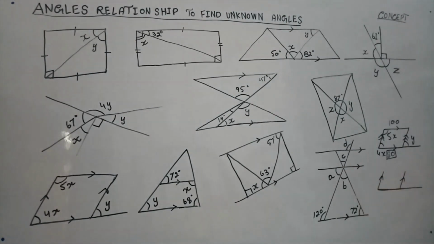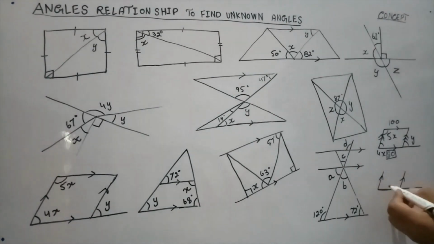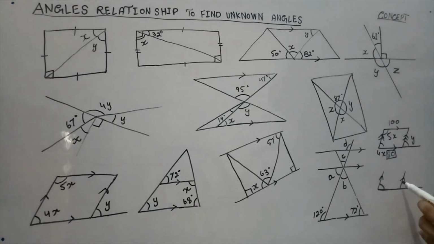So the corresponding angle theorem says that this is the corresponding angle of this angle. This time I'm only taking these two angles. You can see these two are parallel lines, so this angle is a corresponding angle to that angle, and corresponding angles are equal.